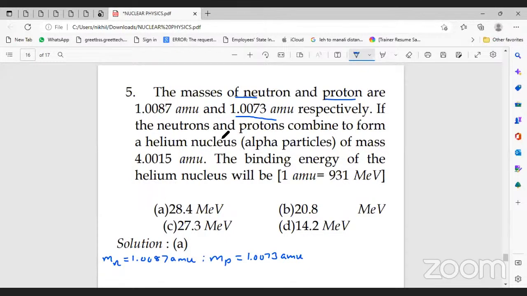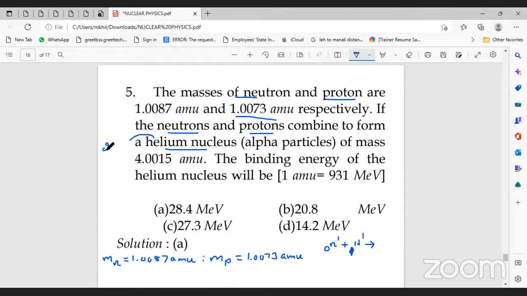And they're telling that the neutrons and protons combine to form a helium nucleus. So neutron means 0N1 plus proton means 1H1. This is going to form the helium nucleus.